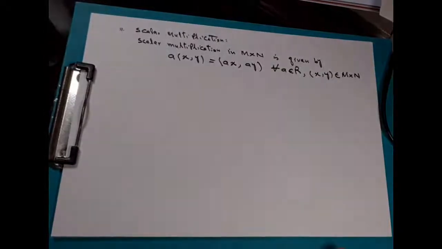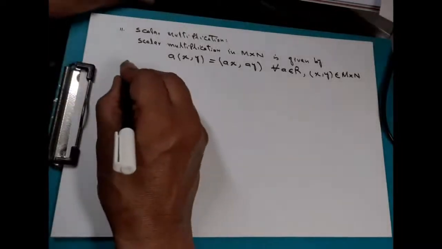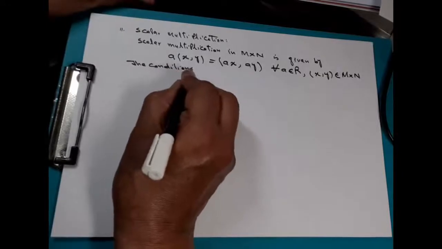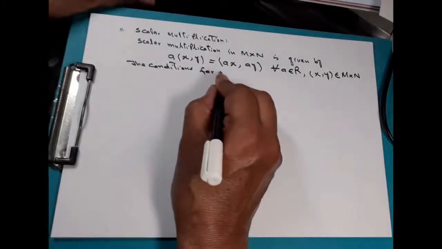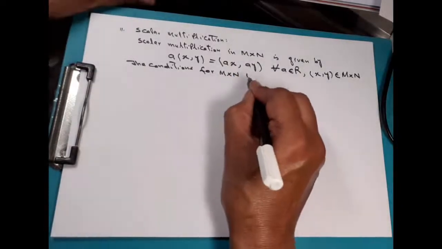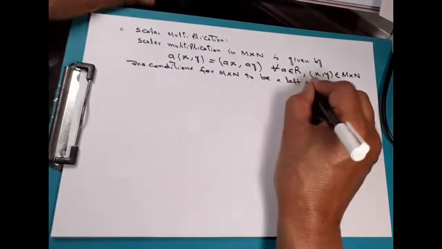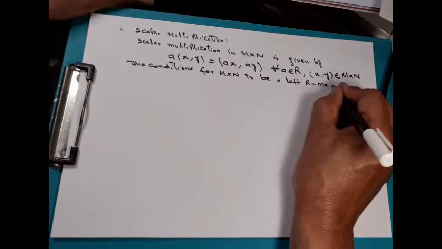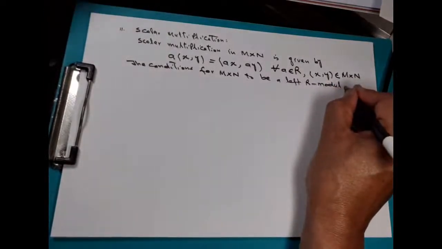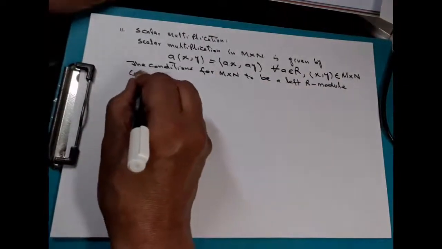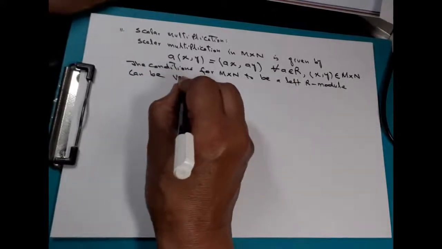And other conditions for M cross N being a left R-module are satisfied, and you can verify it on your own. Those four conditions we have already written can be verified very easily.